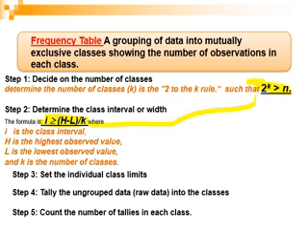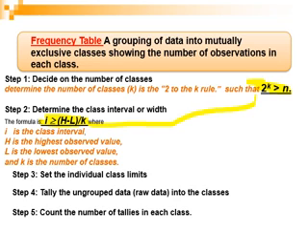We calculate the highest value minus the lowest observed value and divide it by the number of classes. This value should be less than or equal to the class interval or class width.